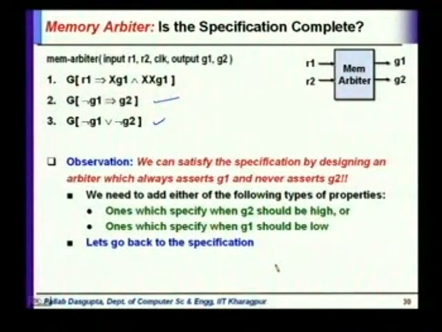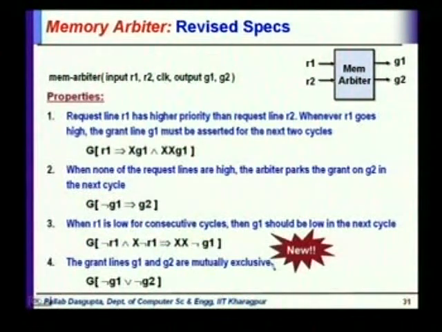So let us go back to the specification. Now we add a new property which says when R1 is low for consecutive cycles, then G1 should be low in the next cycle. So this is specifying when G1 should be low.